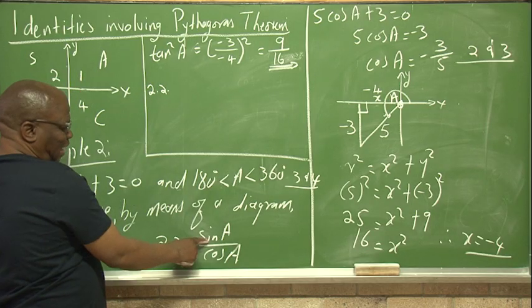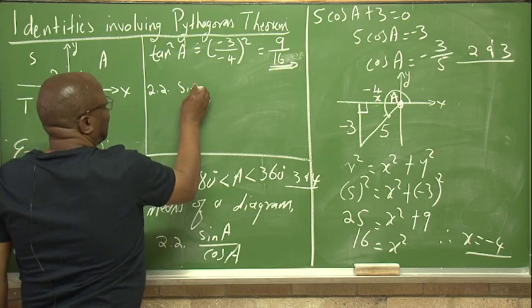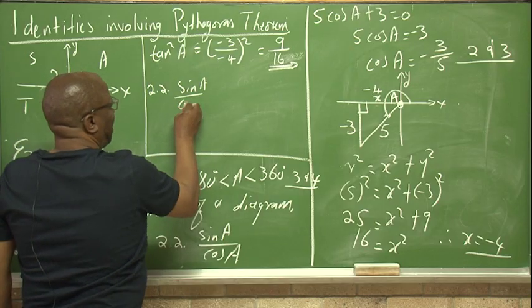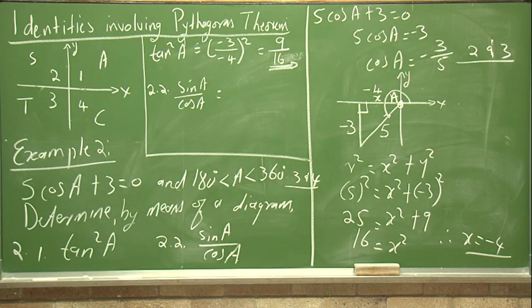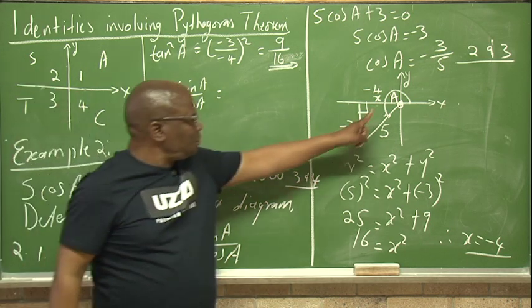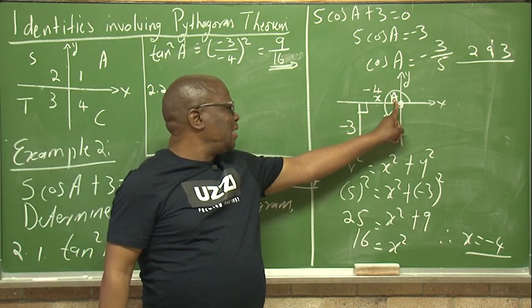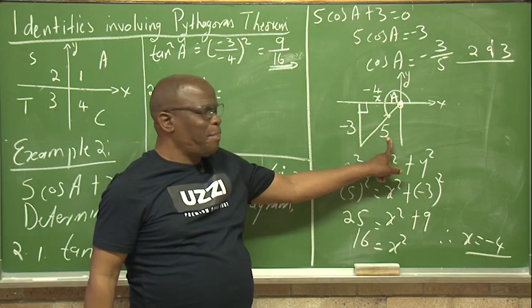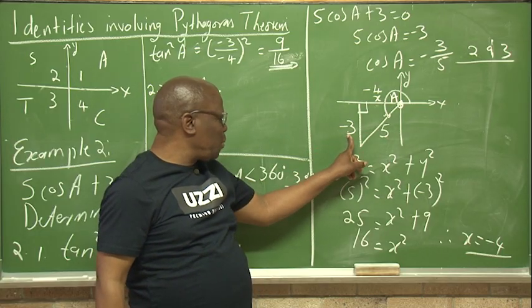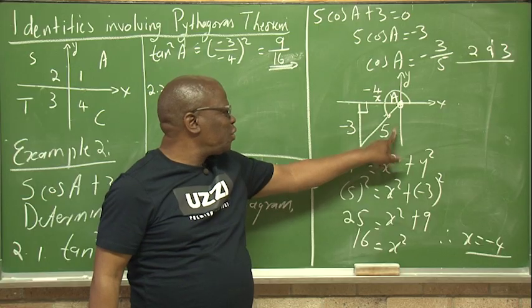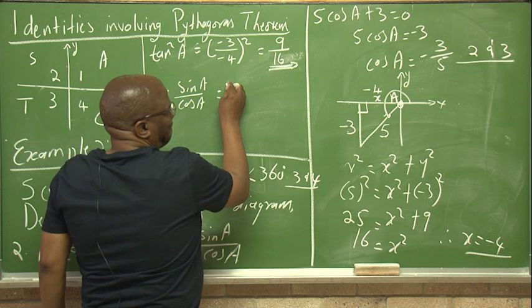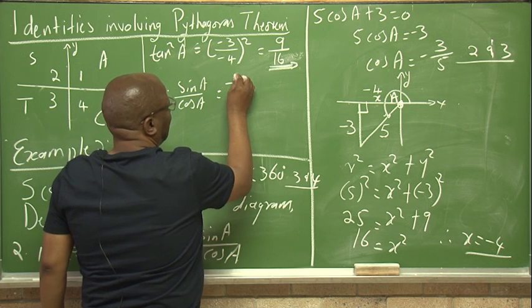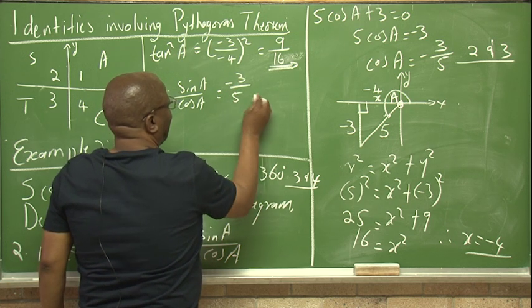The second one was sine divided by cos. It was the sine of A divided by the cosine of A. Let's check. What is the sine of A? You go to the diagram. With reference to angle A, sine is opposite over hypotenuse. This side is opposite, and this one is the hypotenuse with respect to A. So sine is negative 3 over 5.